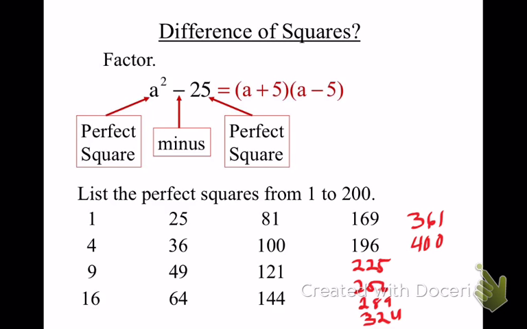And 20 squared is 400. Another big one that comes up is 625.